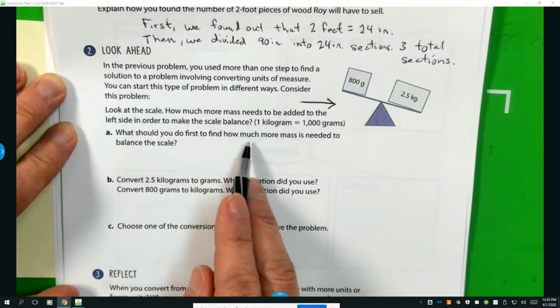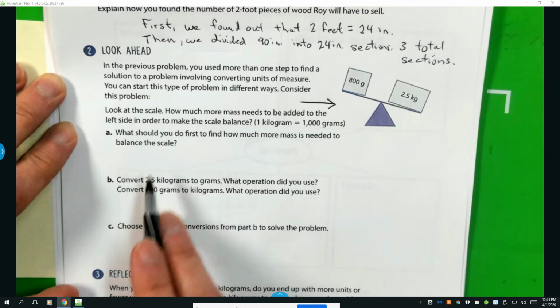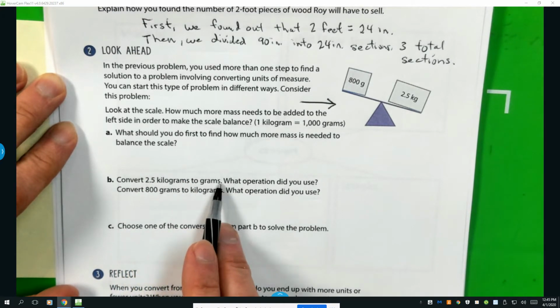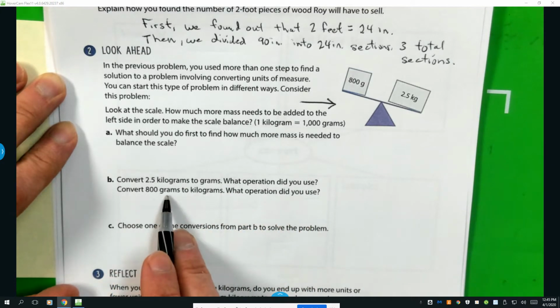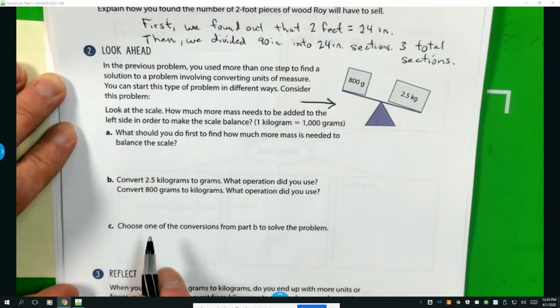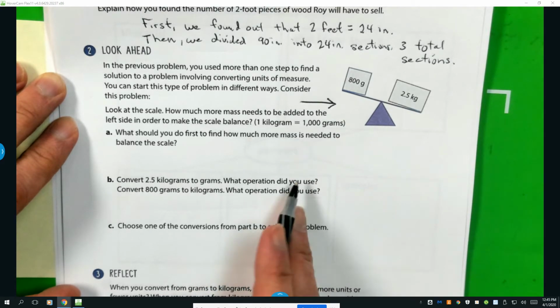What should you do first to find how much more mass is needed to balance the scale? B, convert 2.5 kilograms to grams. What operation did you use? Convert 800 grams to kilograms. What operation did you use? Choose one of the conversions from part B to solve the problem.